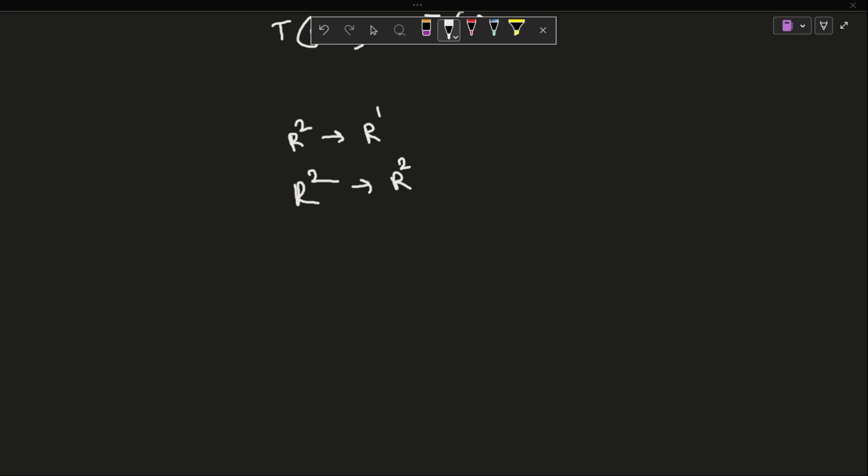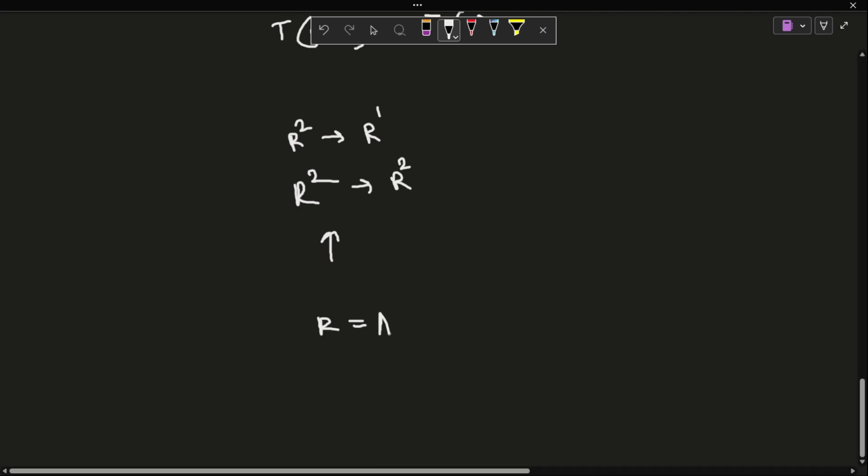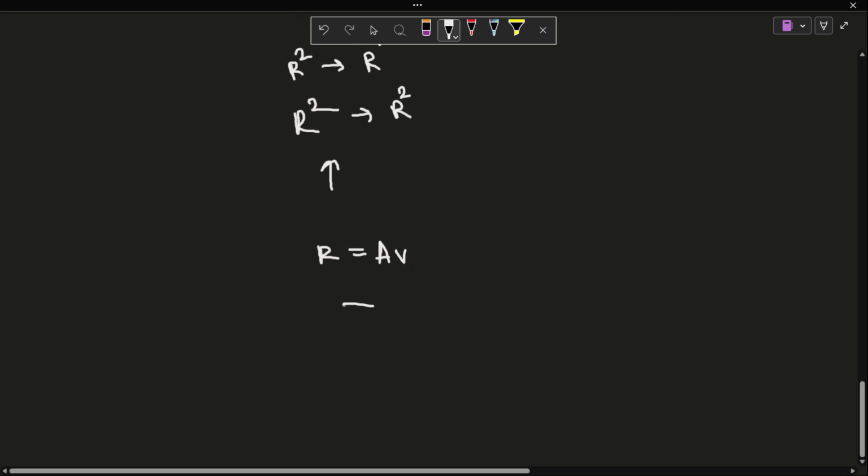And so from there, one thing I want you to be fully aware of is that if we have a linear transformation like R2 to R2, what we can do is we can also define our transformation by matrix multiplication. So we could take a matrix A and multiply it by a vector B, right? And our matrix could be anything. It could really just be, I don't know, something like 1, 2, 3, 4.